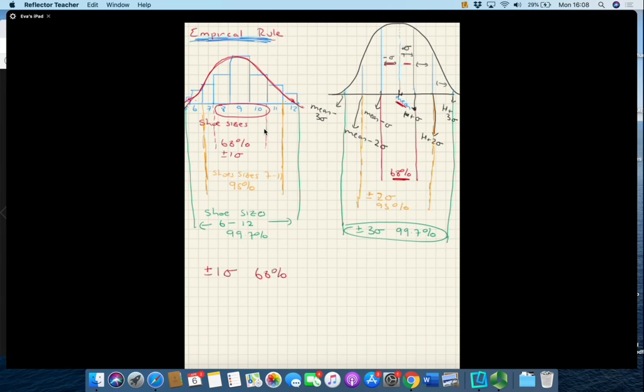You have to know plus or minus 2 standard deviations is 95%, and plus or minus 3 standard deviations is 99.7%. And that is what's called the empirical rule. Make a note of it, understand it, know these values, know how to use them.